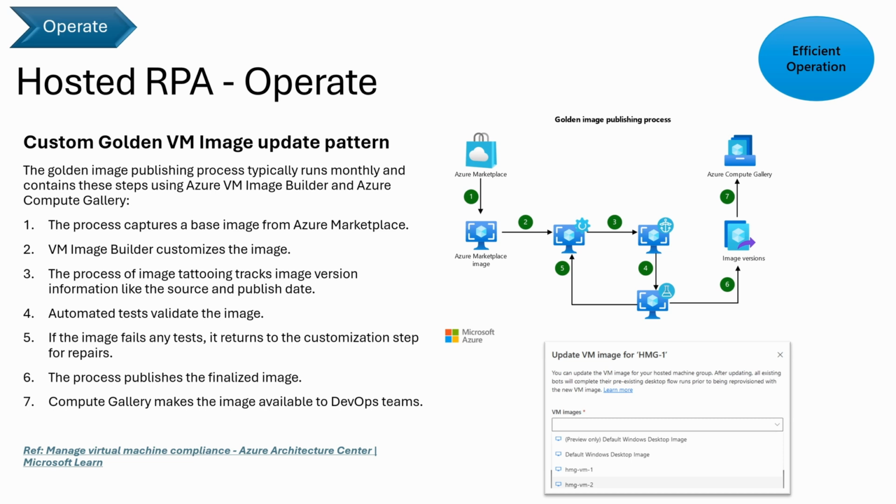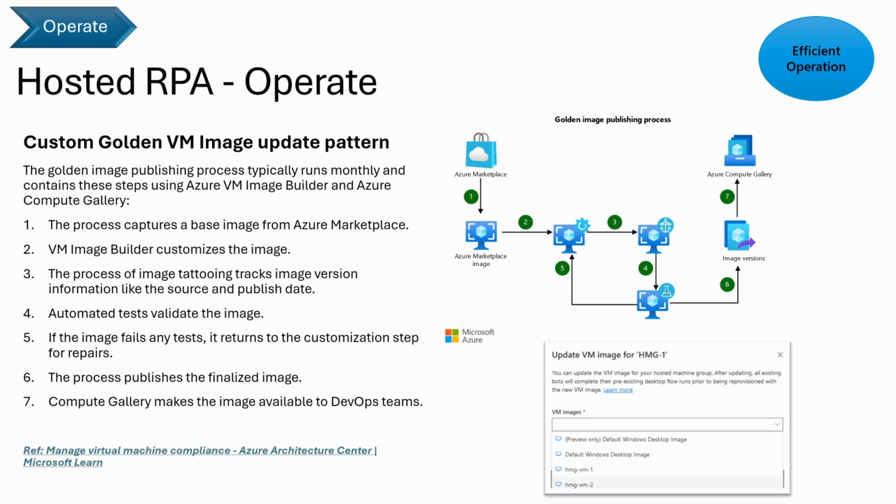One way to do this is to keep your base image, or the golden image, and update it with your VM image builder to infuse the customizations into that image as part of step 2. For step 3, you can apply any of the signatures or tattoos that are required for that golden image, and run through some automated validation tasks on that image as part of step 4.